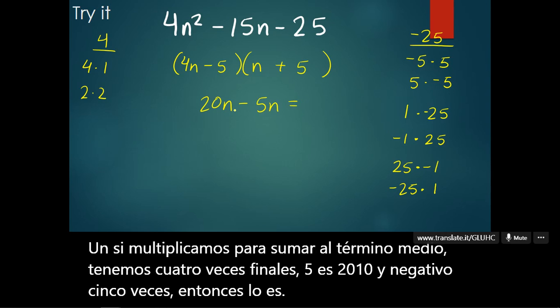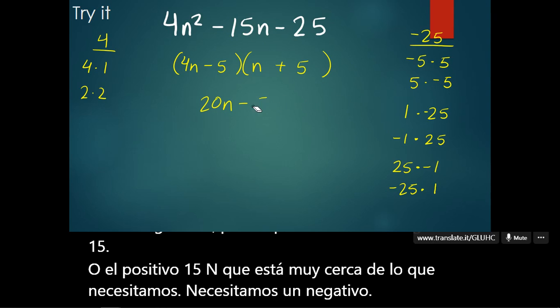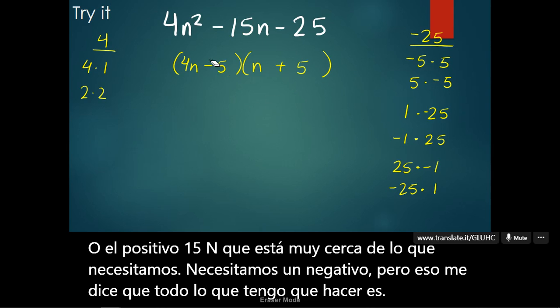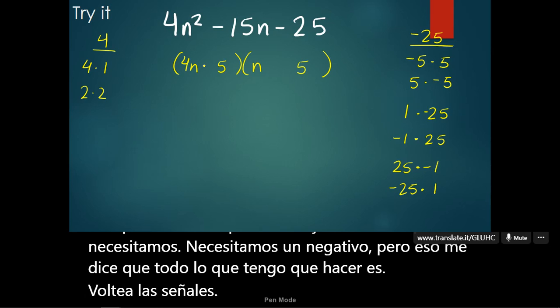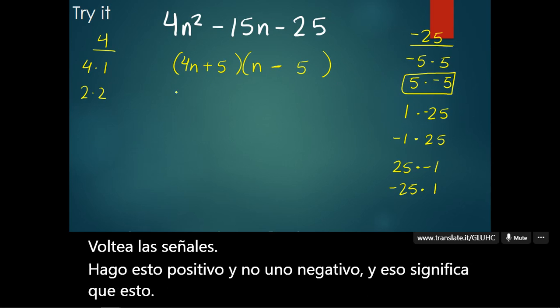So these add up to positive 15n, which is really close to what we need. We need a negative. So that tells me that all I have to do is flip the signs. If I make this one positive and that one negative, that means this is the correct scenario.